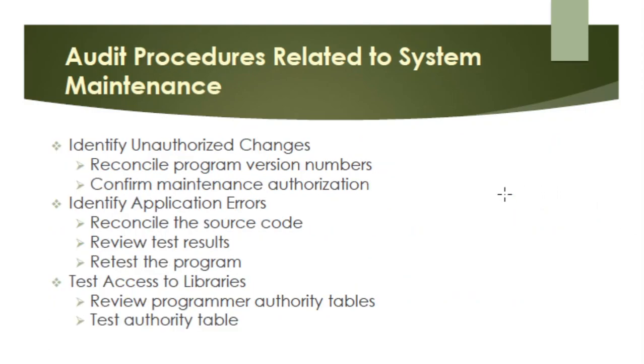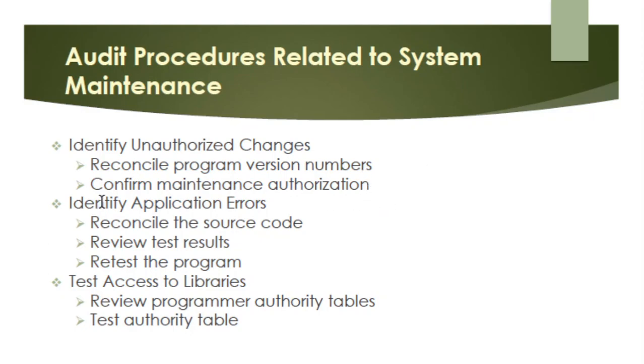Now, audit procedures related to your systems maintenance. First is the identification of unauthorized changes. To do this, you can apply certain tests of controls like reconciling program version numbers and confirming maintenance authorizations.